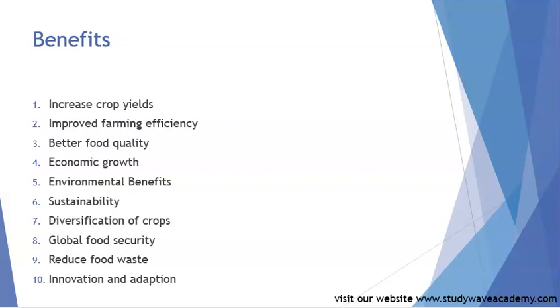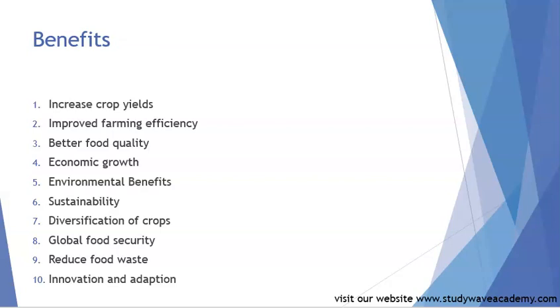Reduce food waste. Advanced technology can improve storage, transportation, and distribution of food. So this minimizes food waste, ensuring that more of the food produced reaches consumers. Innovation and adaptation.